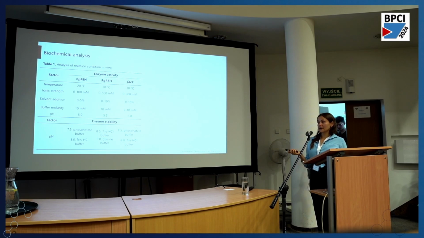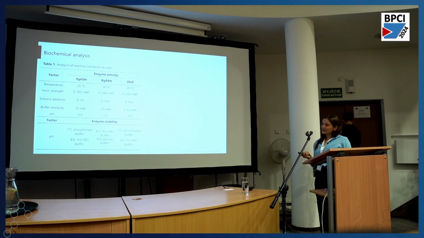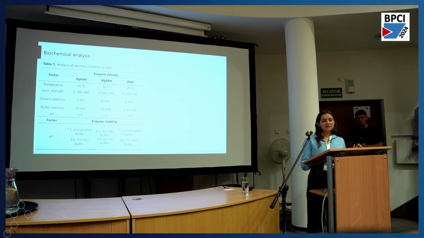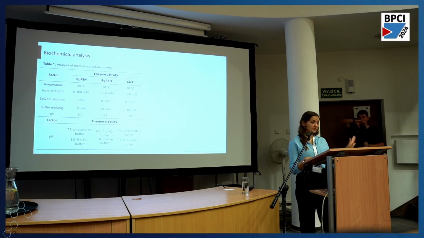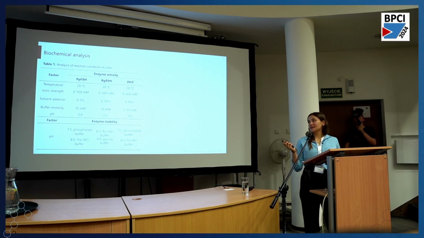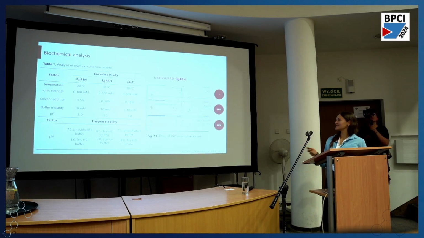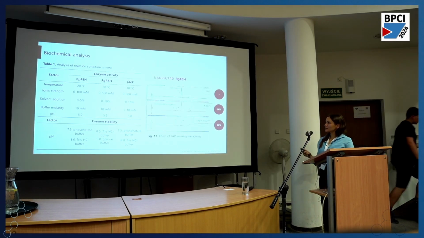We also detected that all three were not quite stable at that pH. And according to the stability test, we decided to use pH 7.5 for the next part. And until that point, all the enzymes looked quite similar. So the first differences between them.